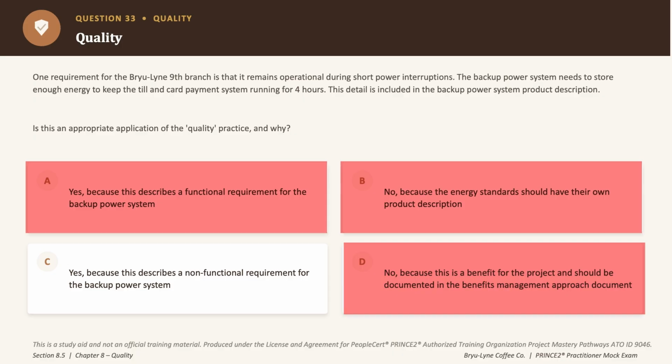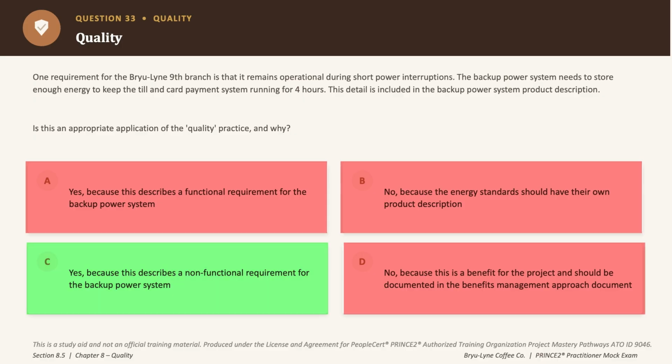Now option C says yes, because this describes a non-functional requirement, and this is exactly where how PRINCE2 defines functional and non-functional requirements becomes extremely important, because non-functional requirements describe how a product must perform in the back end, okay, such as reliability, cybersecurity, etc., etc. Okay, and storing 4 hours of power is precisely a reliability issue. Okay, so the correct answer to this question is option C.